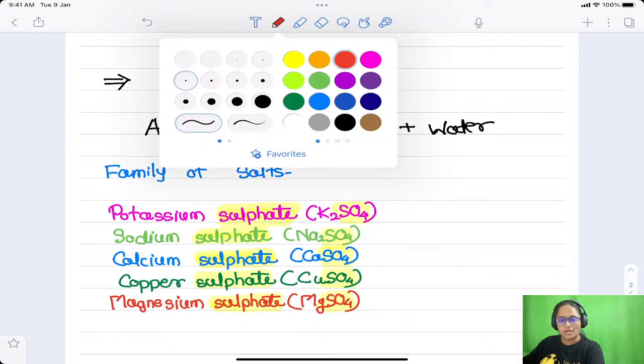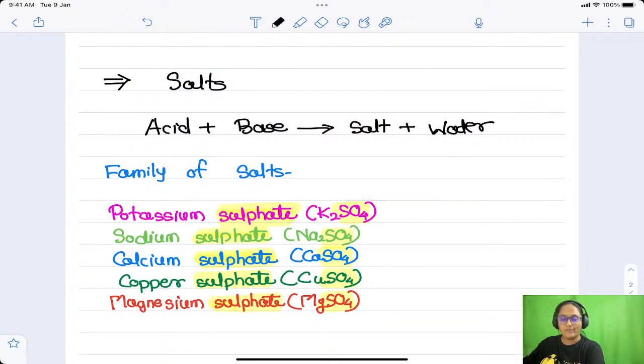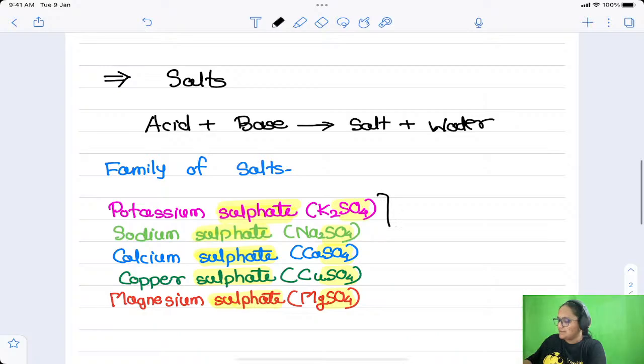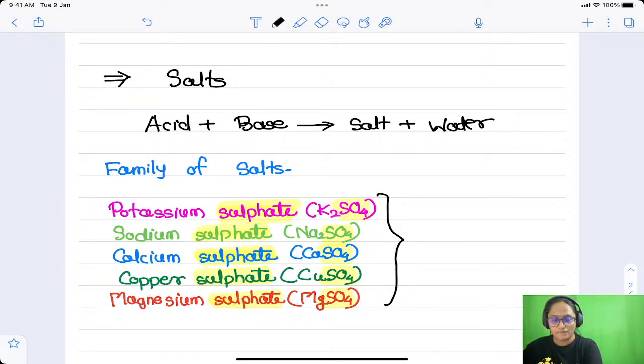Therefore, if you want to classify them into one family, that will be called the sulfate family, or family of sulfate salts.